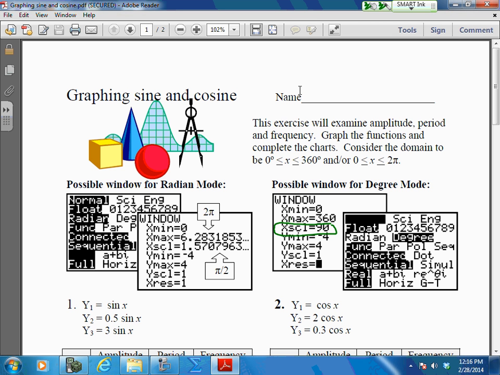Now, in your table, if you're in radians, all your measurements are in radians, like pi, where 180 says 3.14. So you really have to watch the radians in your table. If you do it in degrees, it makes more sense because you spot 0, 30 degrees, 45 degrees. I'm going to pull up the calculator in another minute or two, and we'll take a look at both ways.